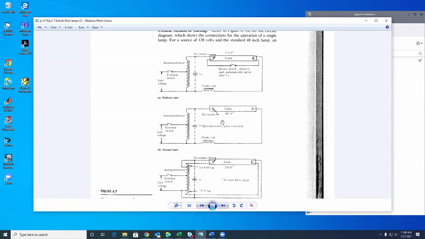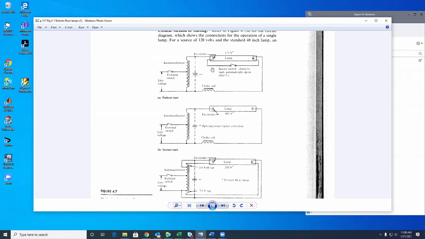In the middle, the lamp has 1 pin, only 1 pin on each side end. And on the bottom, again, the lamp has 2 pins. So when the lamp has 2 pins, that means there is a heater inside the lamp, and that heater emits electrons.